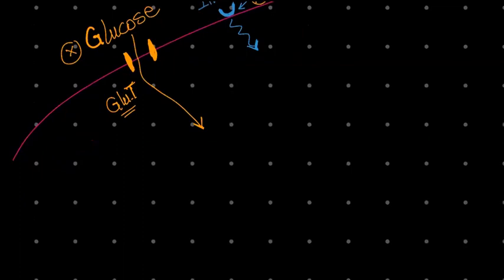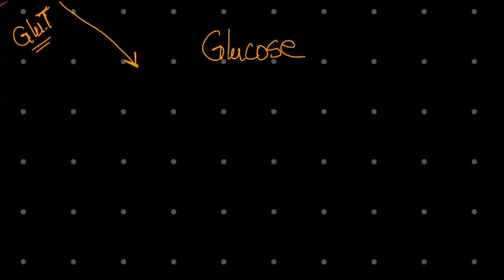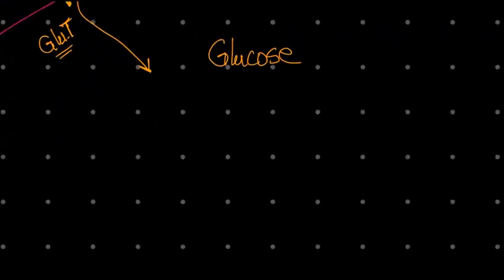Now the glucose is located in my cytosol, the part of the cytoplasm without organelles. And this glucose needs to be broken down.